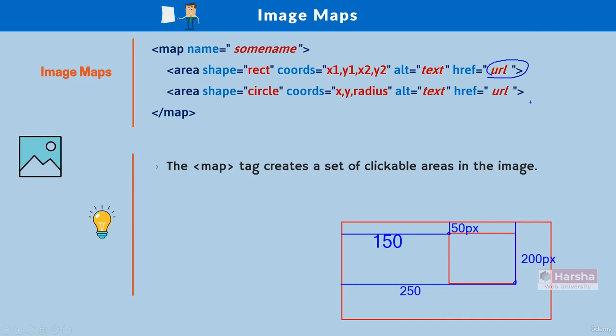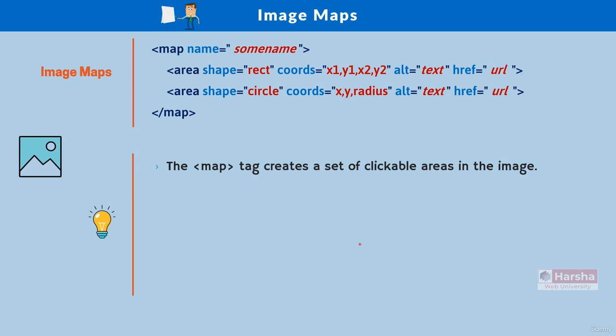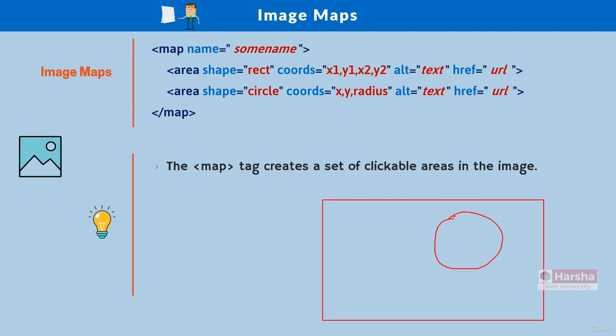And in the same way, you can also create circular areas or circular spots in your image. For example, this is your image, and you would like to identify this particular area as a clickable spot.